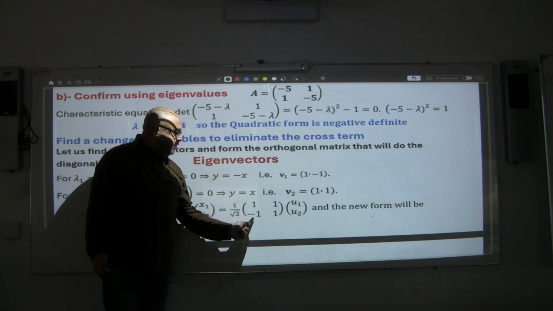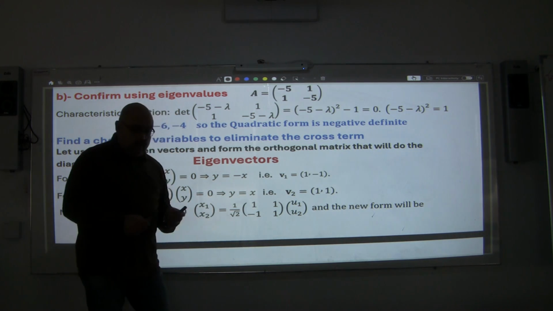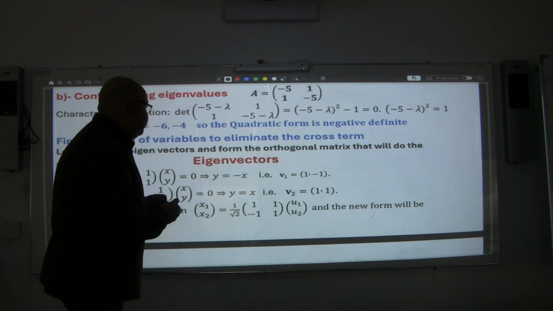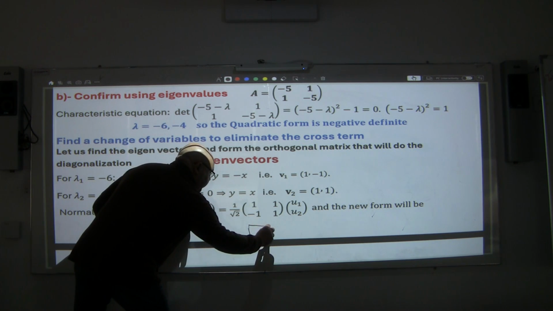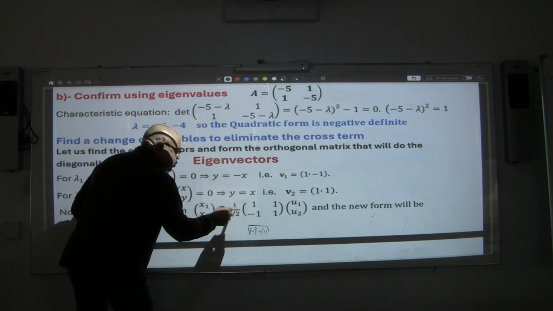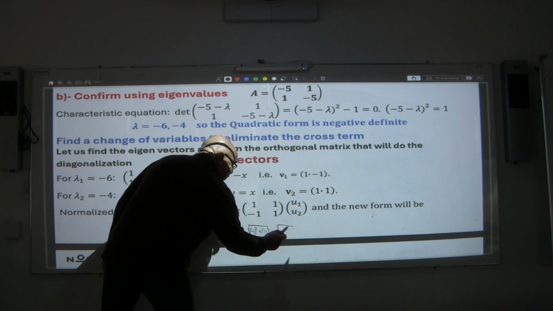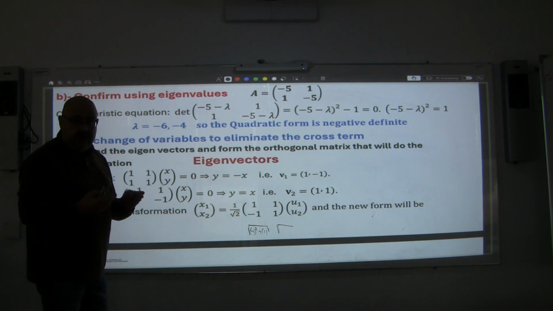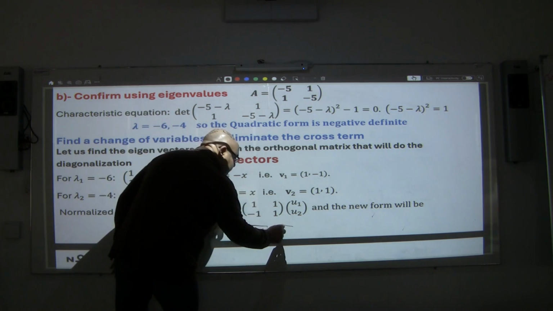So it will be divided by the root of 1 squared plus negative 1 to the power of 2. I need to make this clear for you. In order to get the magnitude of this vector, it's simply negative 1 to the power of 2 plus 1 to the power of 2. This is why it's root 2. And exactly the same here. It's just a chance that happens in this problem, but it's not general. So the first is going to be 1.